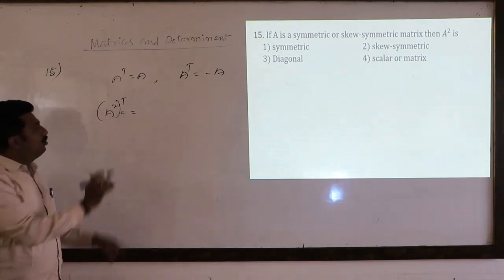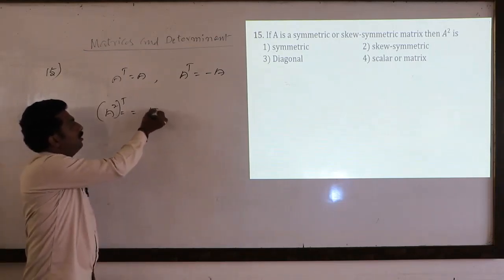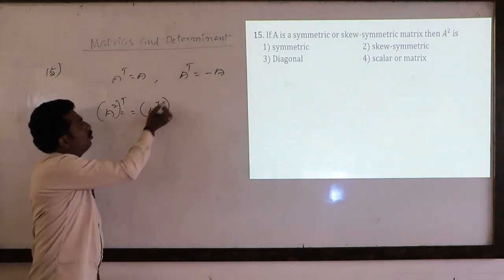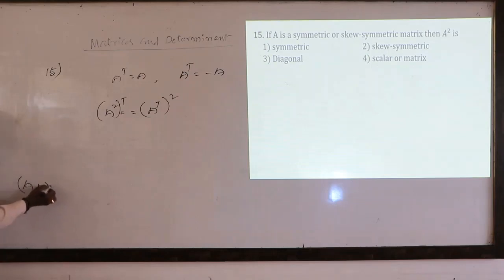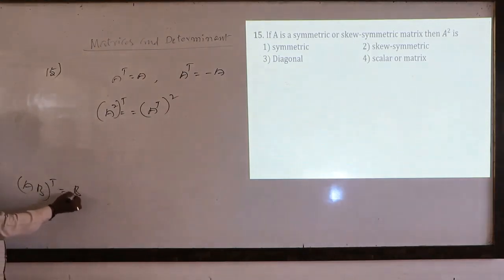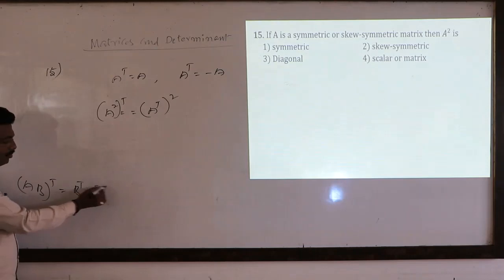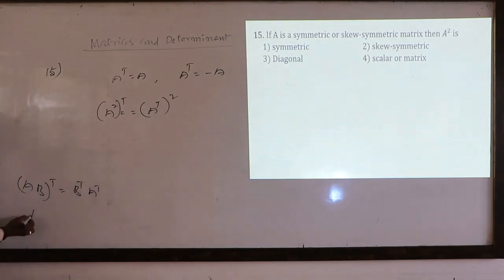So A square whole transpose is nothing but A transpose whole square we can write, because see here one property. What is AB whole transpose? B transpose into A transpose. Similarly A square means A into A, whole transpose, here also whole transpose.